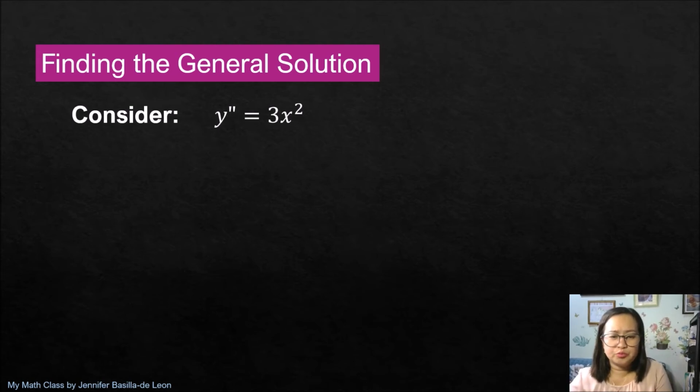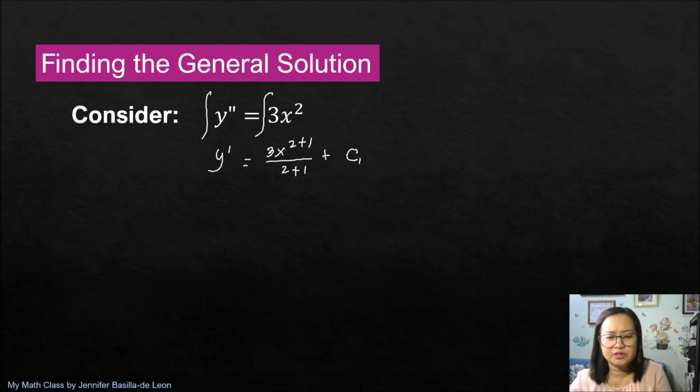Now, to proceed, we integrate both sides, so we will have y prime equals 3x to the power 2 plus 1 over 2 plus 1 plus the arbitrary constant c sub 1. We simplify the first derivative, so the first derivative is equal to x cubed plus c sub 1.